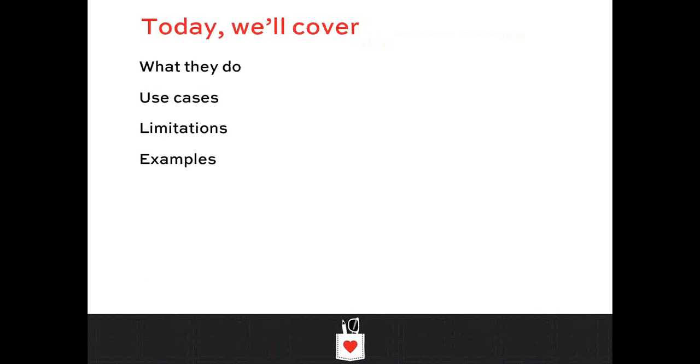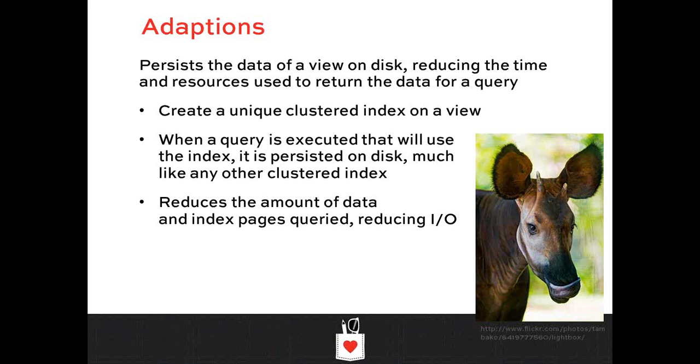For each topic, I'm going to talk a little bit about how we go about creating them, what the benefits are, what some use cases are for them, and limitations if there are some, and trust me, with each of them there are some. This is a really demo-heavy session, so I'm definitely going to be showing you examples of each of them. So let's start off with the first, which is indexed views.